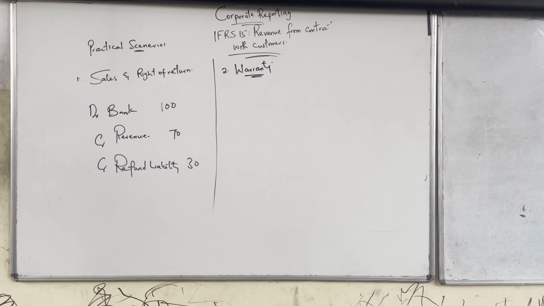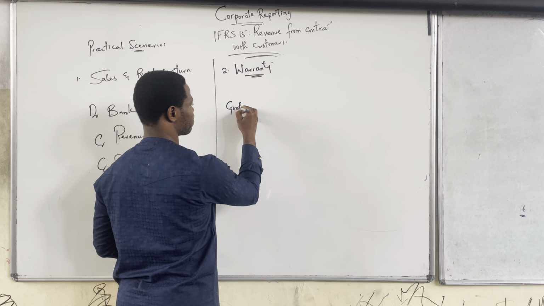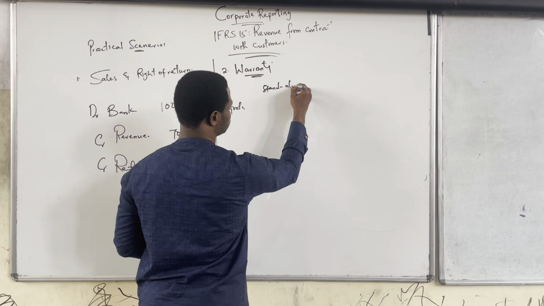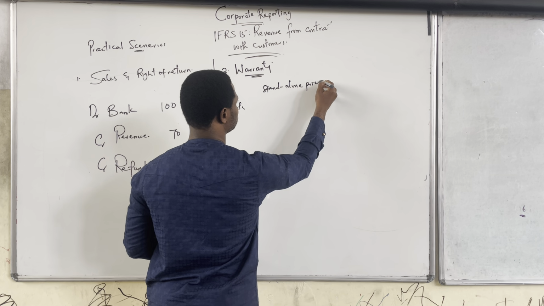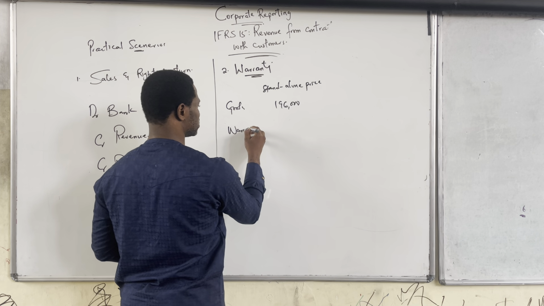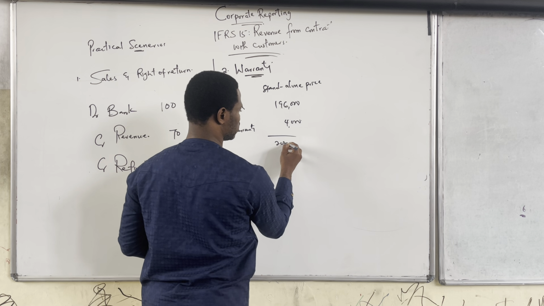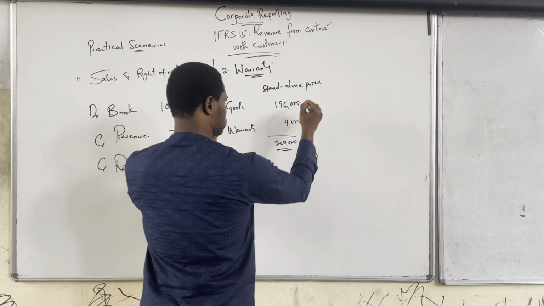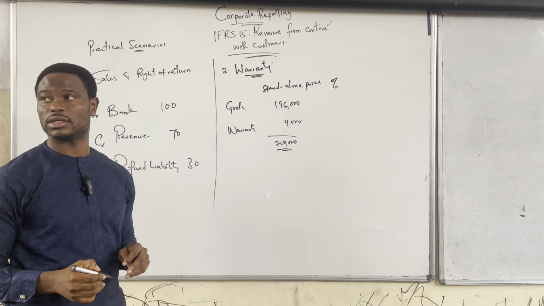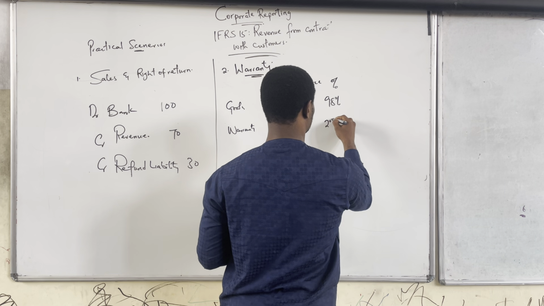For you to recognize these sales under this arrangement, the goods, what was the standalone price for the goods? For the extended warranty, how much? Giving us how much? So we get a percentage. What's 196 of 200? 98. And this will be 2%.